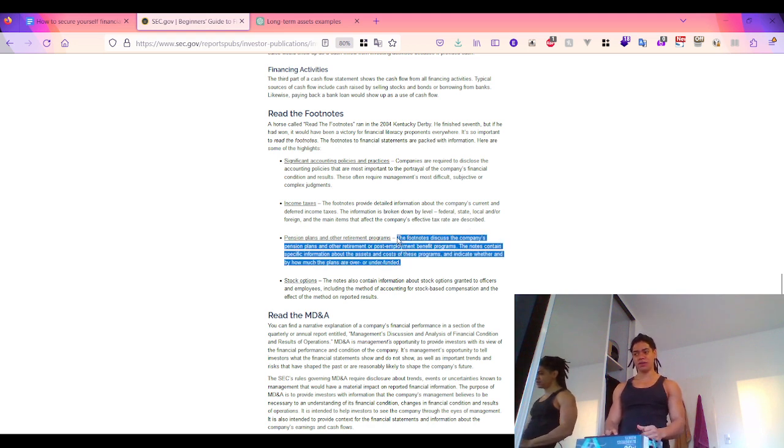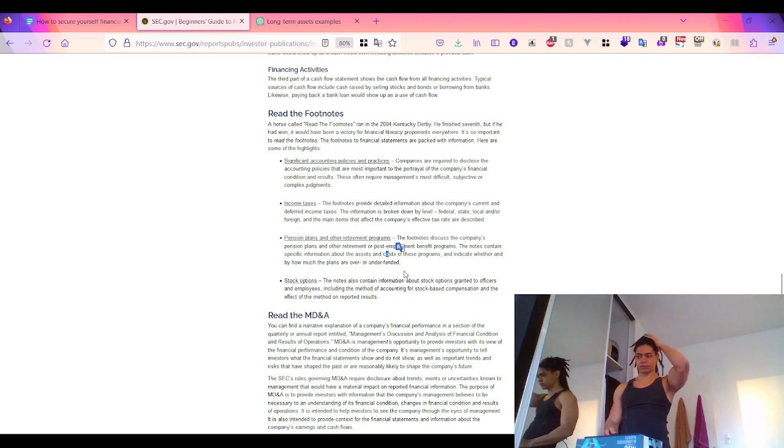Very, very, very important. Spain, France, the US, and Japan have a problem with these pension plans and other retirement programs. Okay, cool.